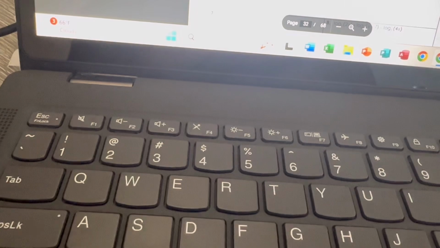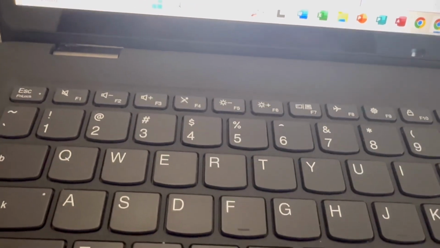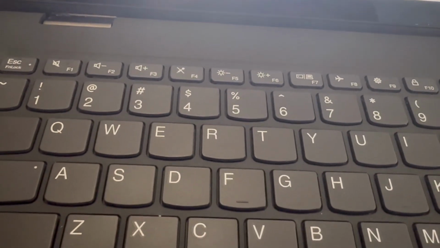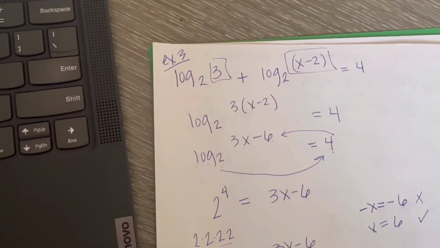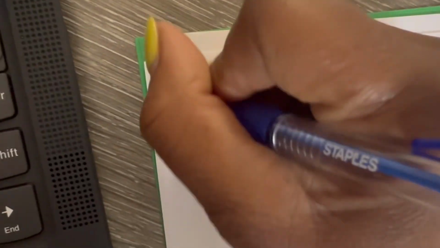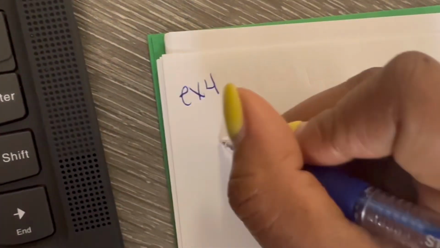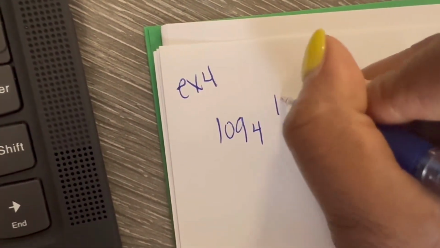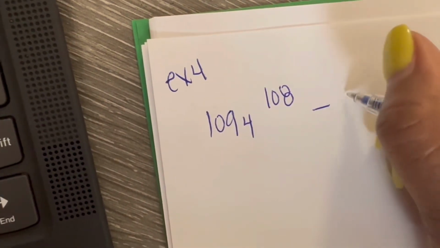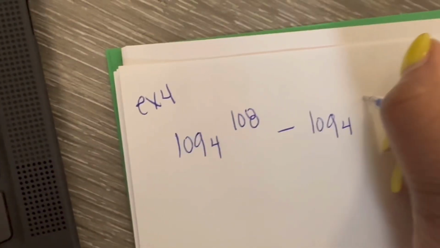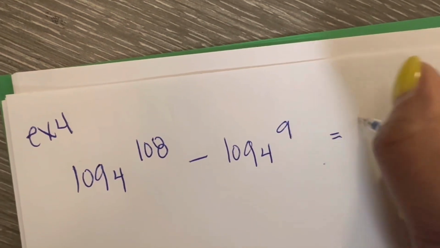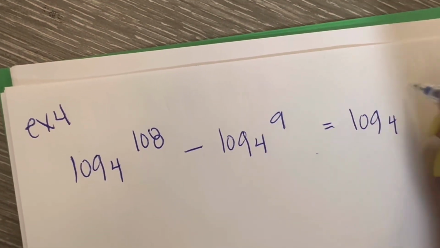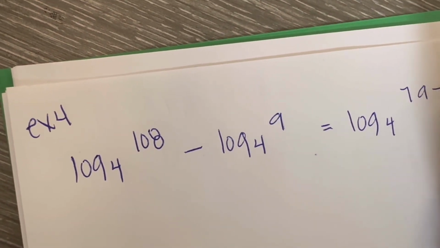Let's try another example. All right, example 4. Say you have log base 4 of 108 minus log base 4 of 9 equals log base 4 of 7a minus 9.